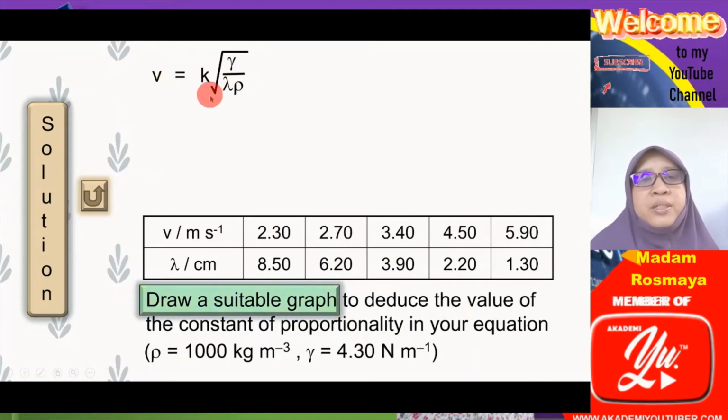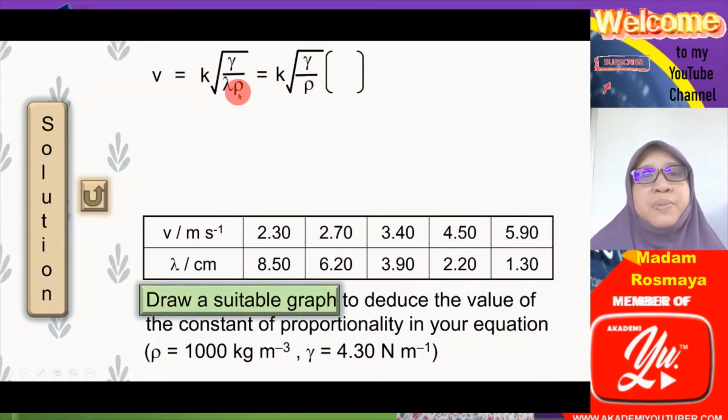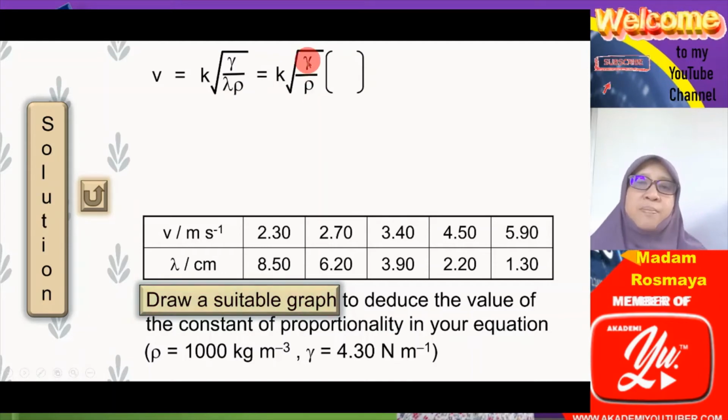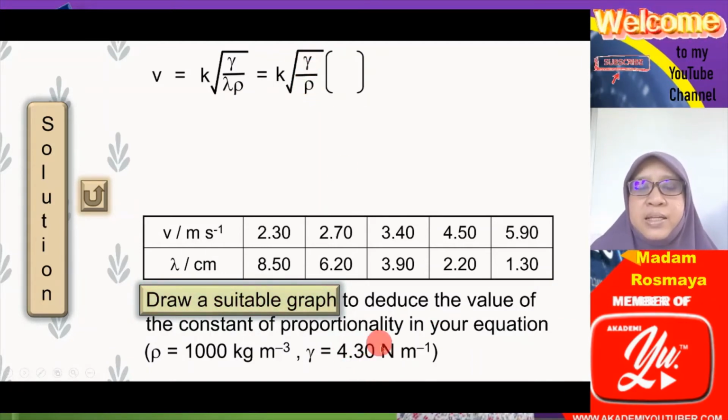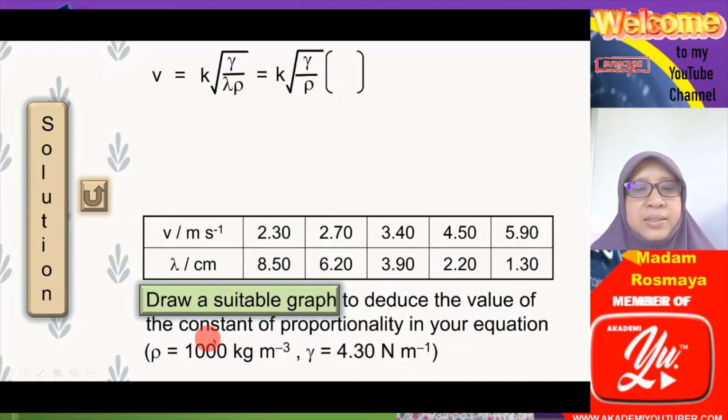Okay, we refer to the equation we have derived just now. From the equation, we rearrange the v and gamma. Gamma is the surface tension, and it is a constant value, 4.30. Rho is also a constant, the value is 1000, and k also is a constant, so we put them on one side together.